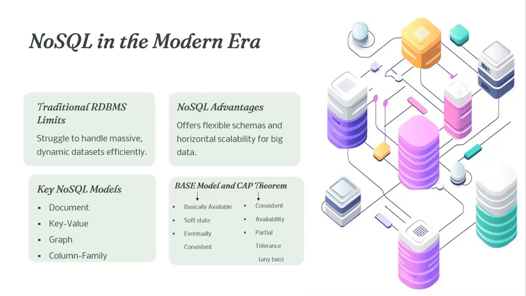Eventually consistent: as I said, NoSQL databases are horizontally scalable, which means we can work on multiple servers. So if not at a particular point of time, then eventually after performing operations, the data will become consistent on all the databases.